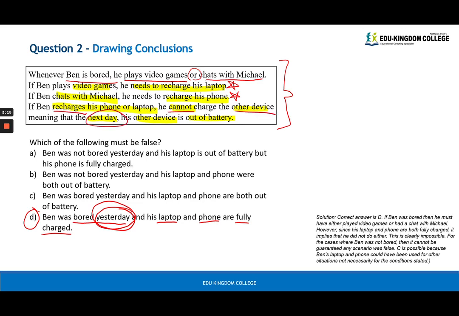So the next day, one of the devices must be out of battery, but here it says his laptop and phone are fully charged. That cannot be true. If you like another way of explaining it, you can have a read of the solutions here by pausing the video now.